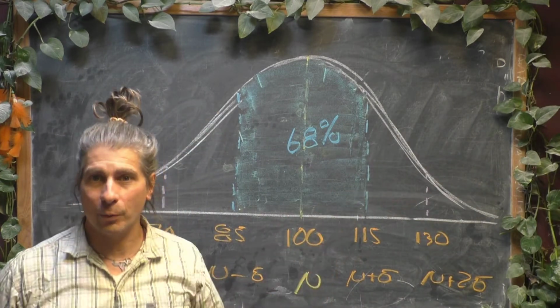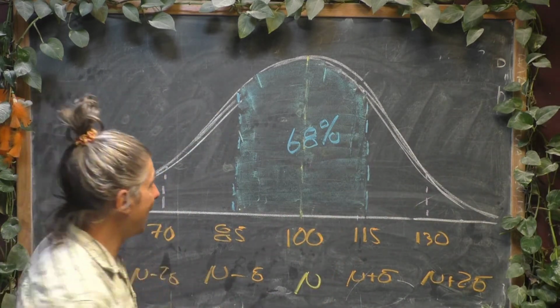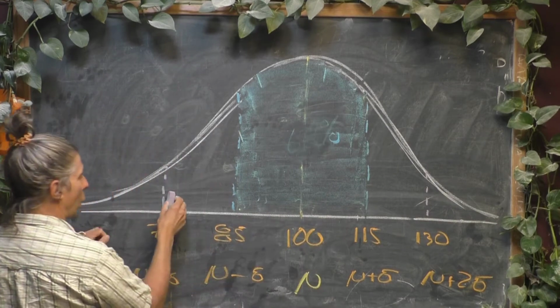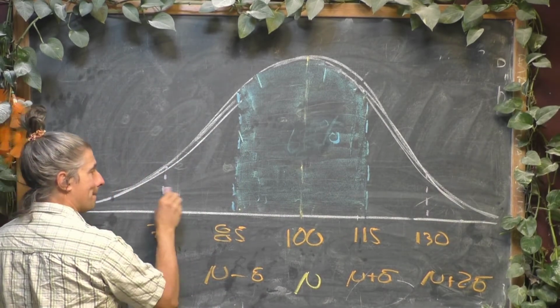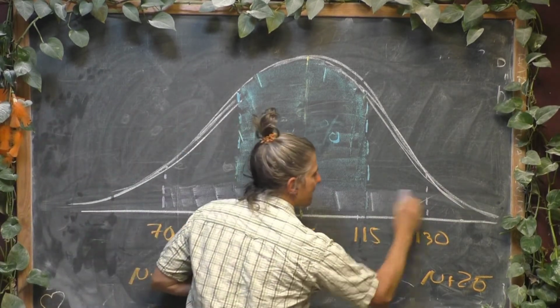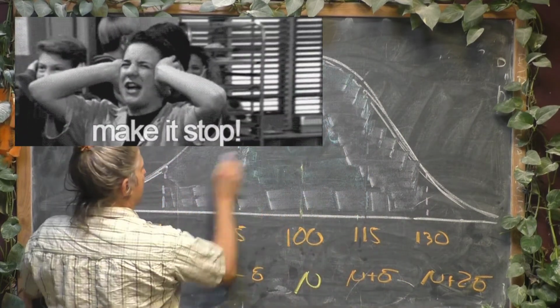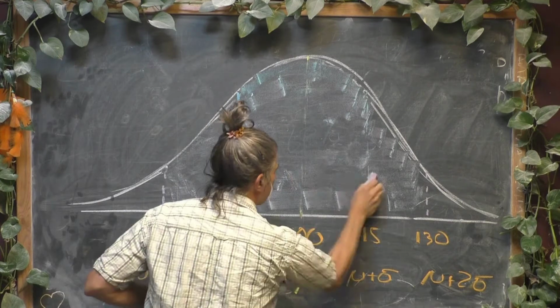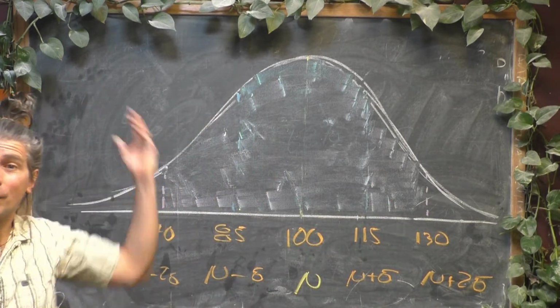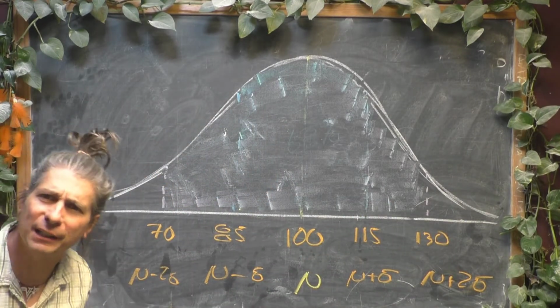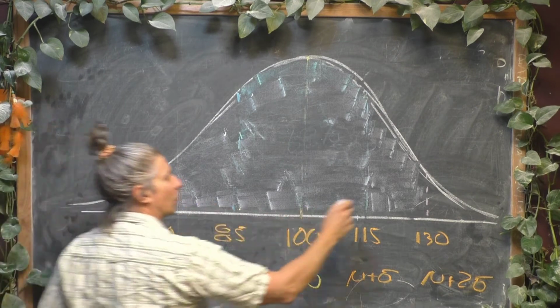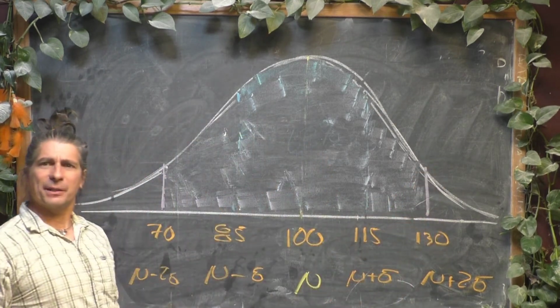There's also another range of values you remember from back in the day. If we start all the way out here at 70, and shade all the way to 130 and include all this blue stuff, that's 2 standard deviations. It's also not very clear on the video. I'm going to draw the hard lines here so you can actually see them. That's a little better.